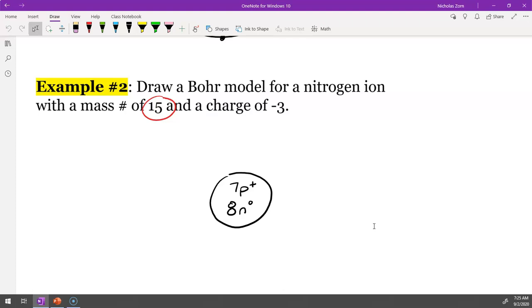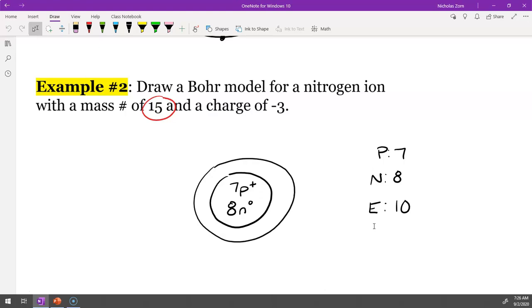Now, we need a charge of -3. So let's figure out what we've got off to the side here. We've got 7 protons. We have 8 neutrons. If we want a charge of -3, that means we need to have 3 more electrons than protons. So 3 more than 7 would be 10 electrons. So let's start to draw in our energy levels.